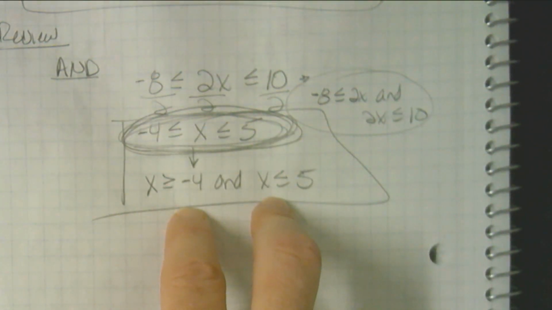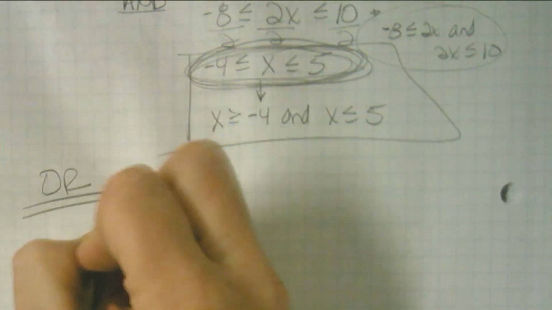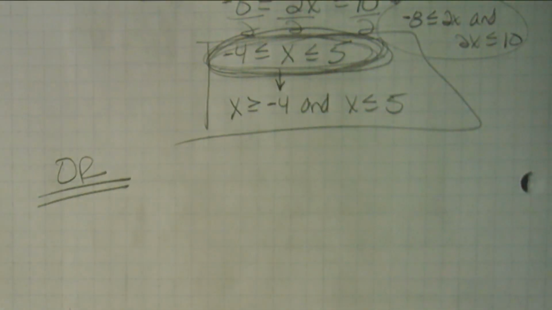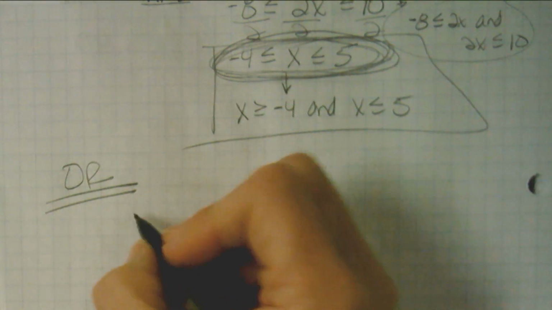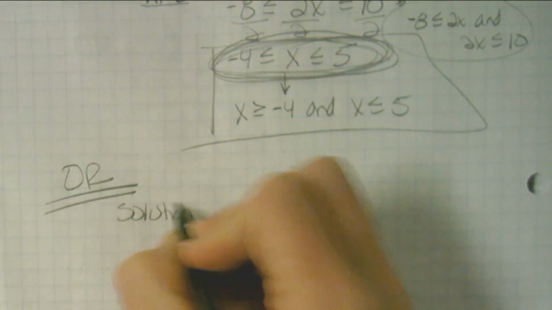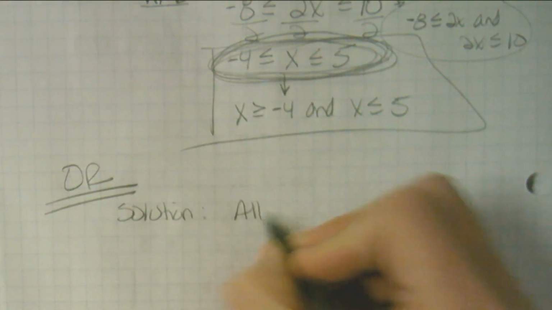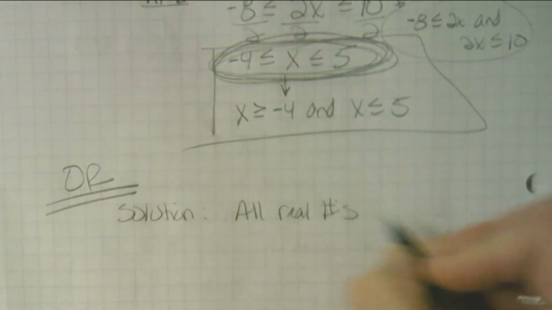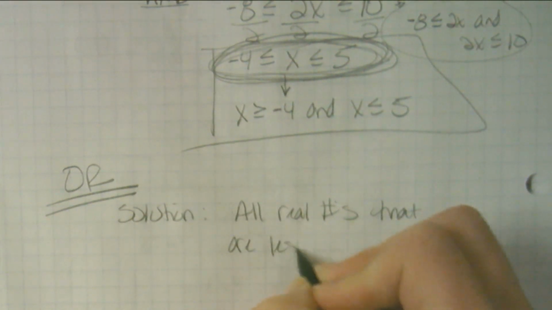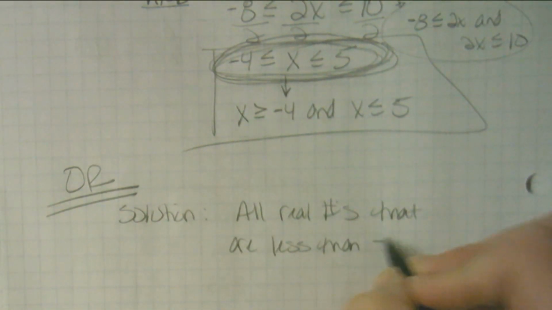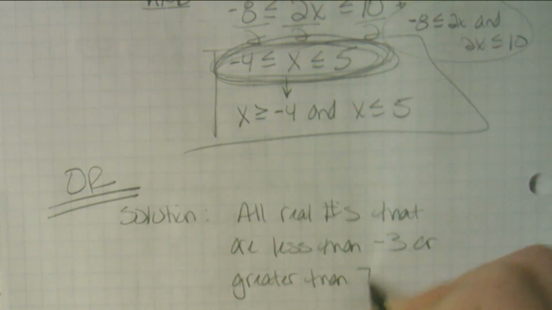Do you understand? Okay. So when we talk about ors, the solution for an or is going to look something like, so if we did something like this, all real numbers that are less than negative 3 or greater than 7.